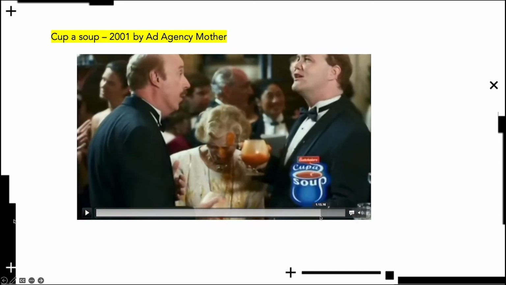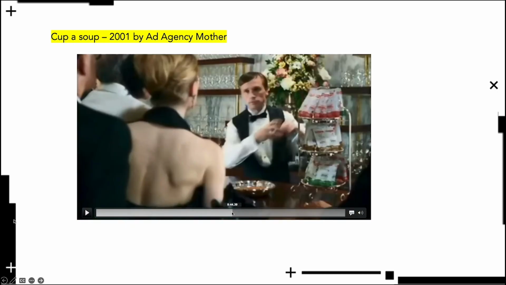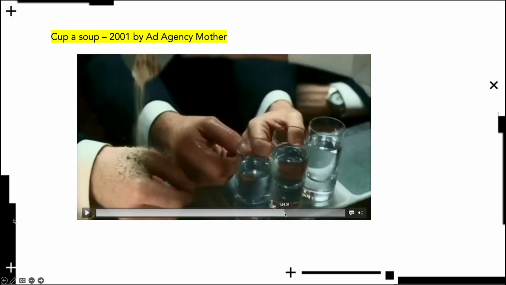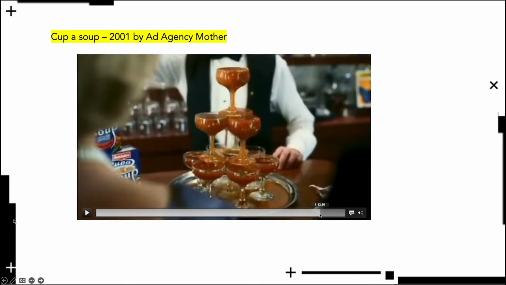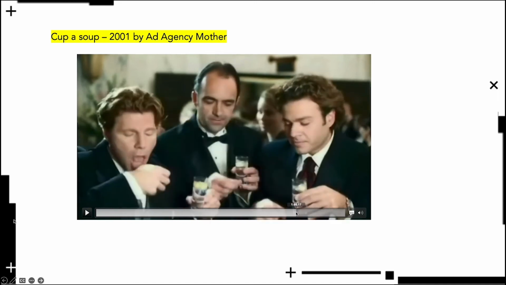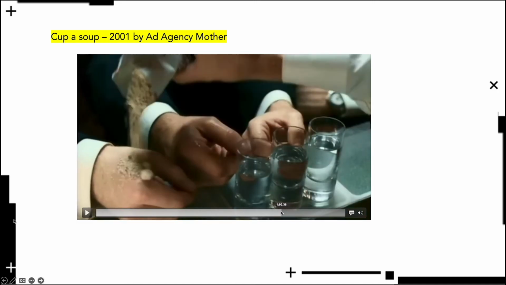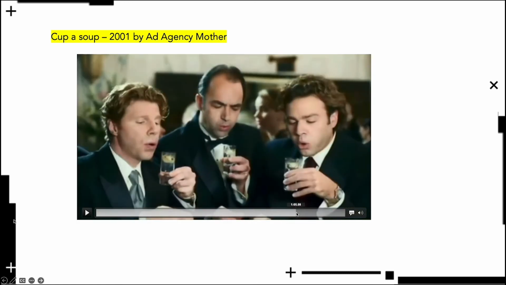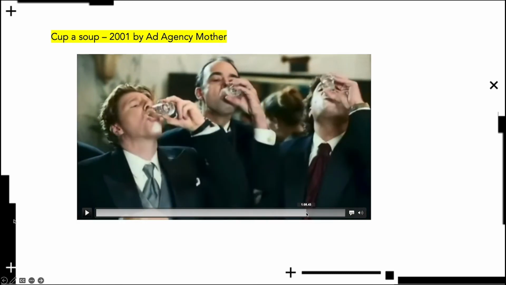But at the time, these went down a storm, and Bachelors made some great money out of these adverts. To put it into perspective, in 2001, Mother were paid £5 million, 21 years ago, to make these adverts. So you can probably imagine the sales that came from this.